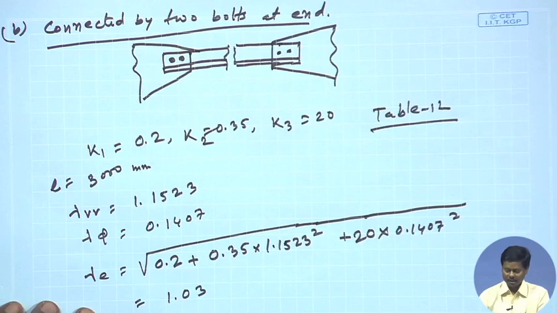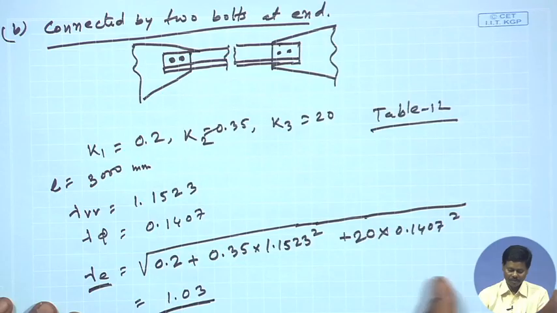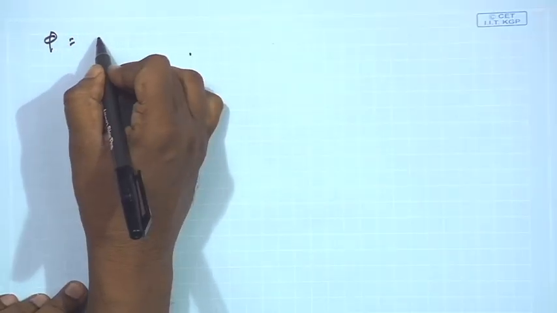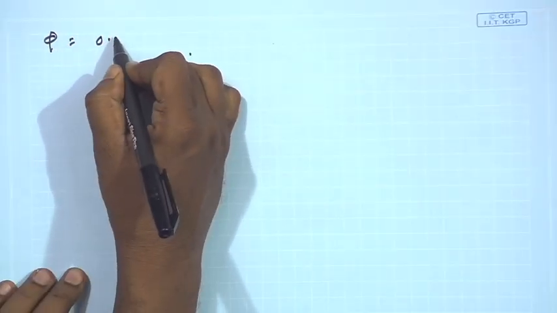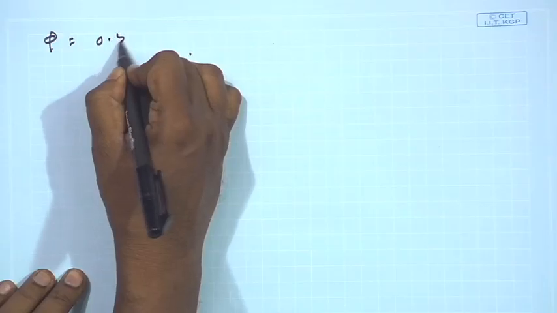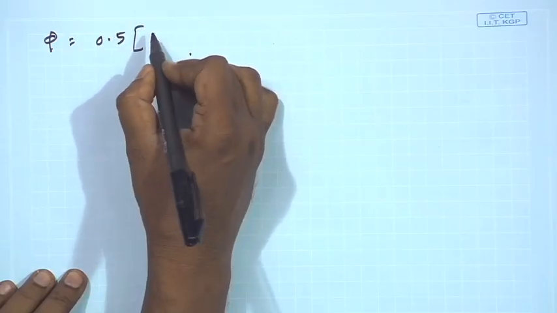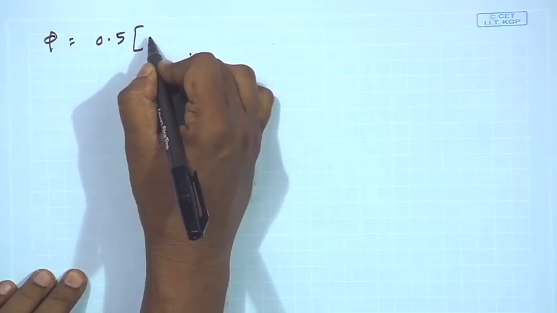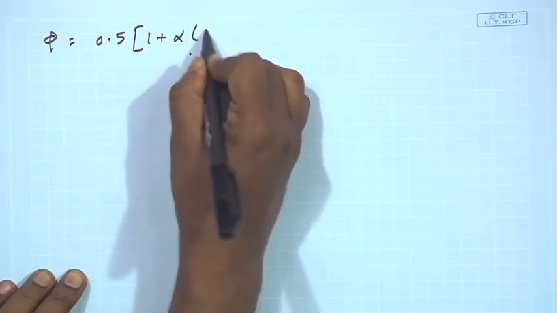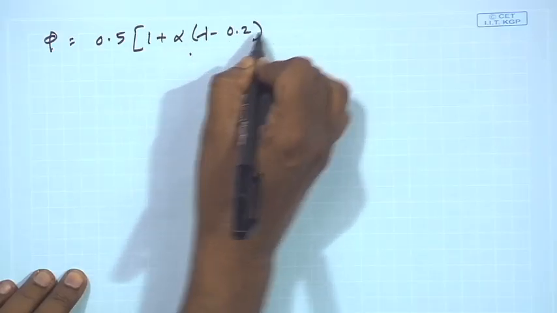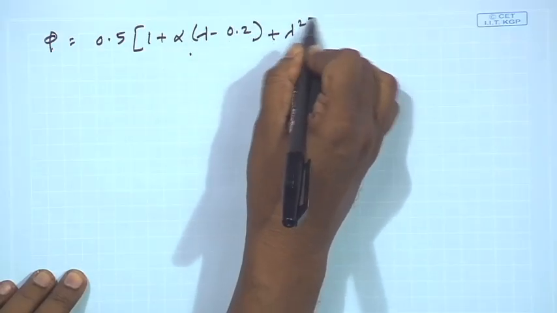So, if you remember that lambda E value was different for earlier case as compared to the present case. So, as lambda E value has been changed, the phi value will be changed, because phi value depends on the lambda E. So, phi value I can find out, that is we know 0.5 into 1 plus alpha into lambda minus 0.2 plus lambda square.